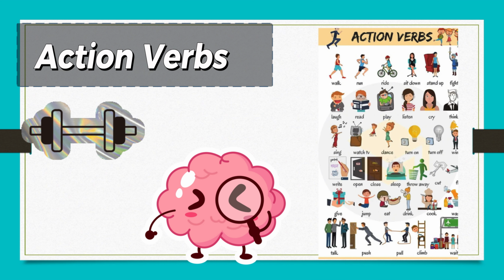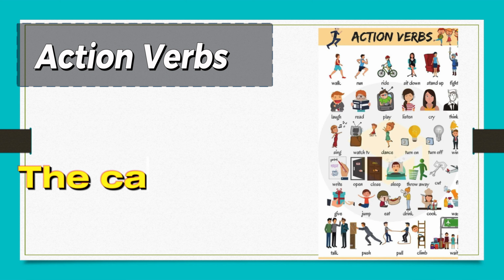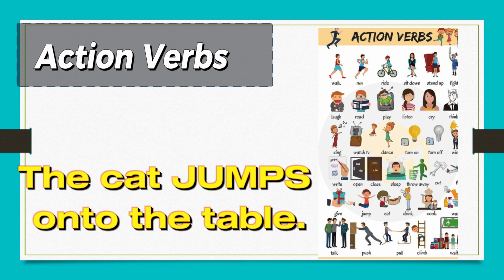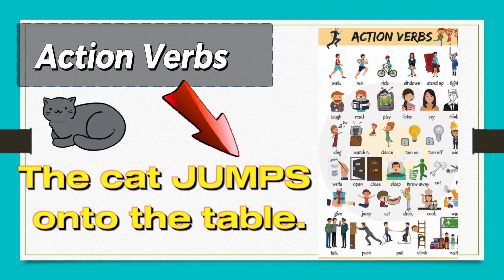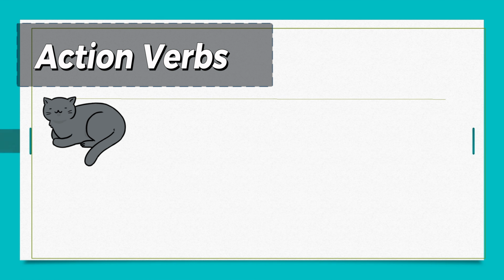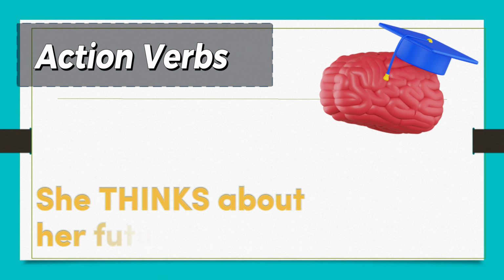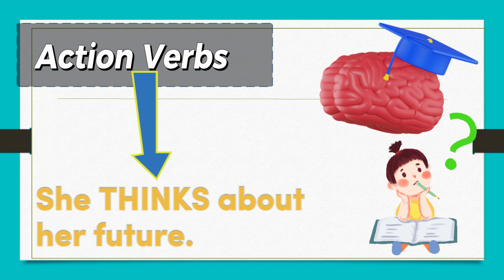For example, "The cat jumps onto the table." "Jumps" is the action verb because it describes what the cat does. Another example is "She thinks about her future," where "thinks" is the action verb describing a mental action.